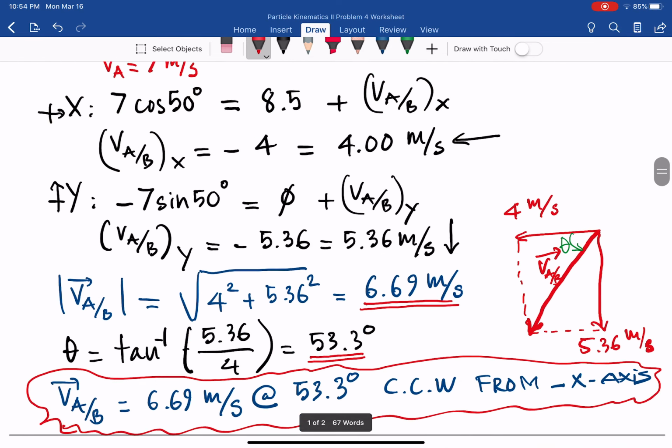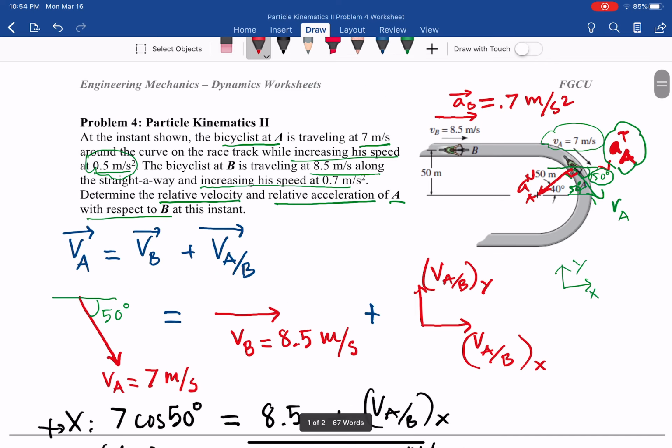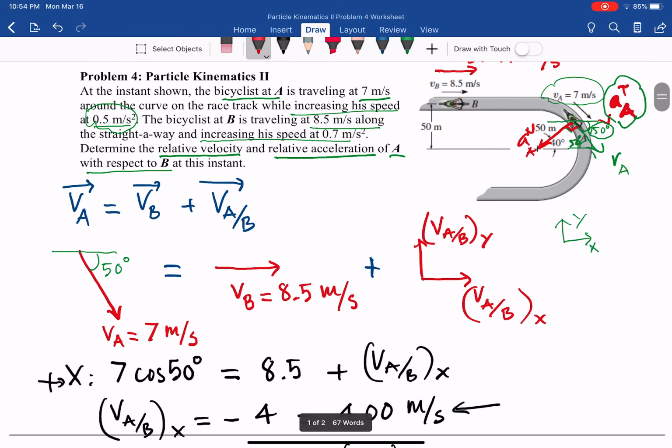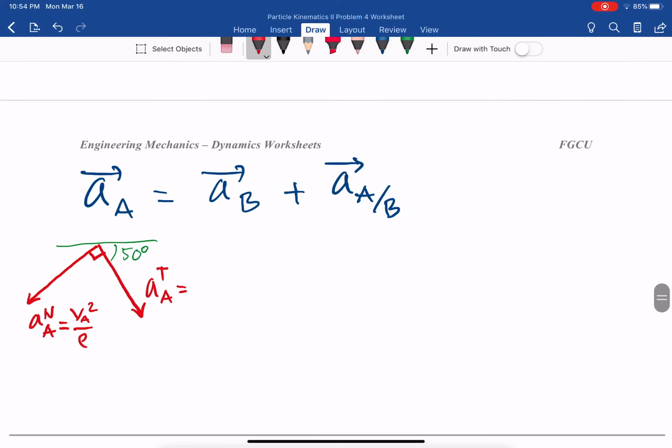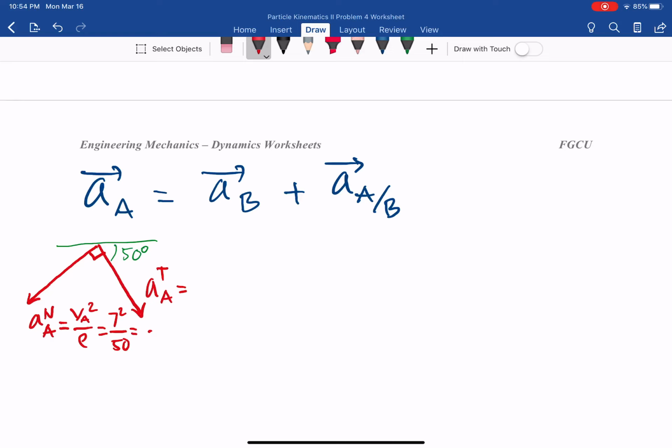So the velocity of A, we did previously, is 7 meter per second, so we can plug in: 7 squared over 50, so we get 0.98 meter per second squared. And A_A tangential is 0.5 meter per second squared, that is already given in the problem. And then we have it equal to A_B.